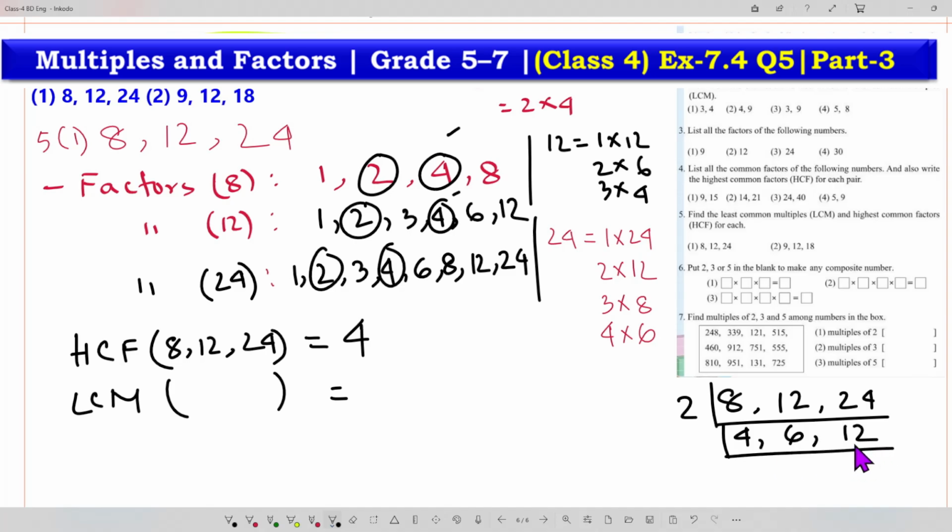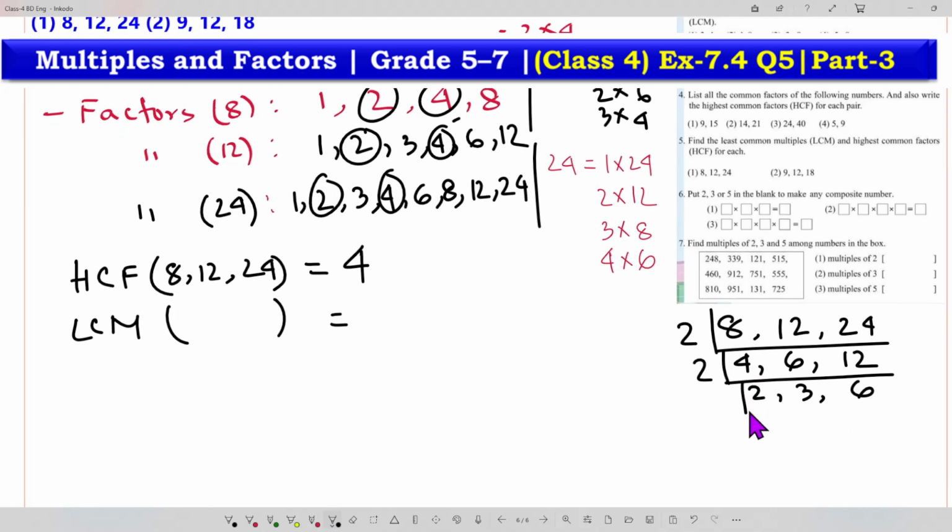Then again we can divide by 2. So here is 2, here is 3, and here is 6, right? Now we can divide by 2 again. So here is 1, here is 3, and here is 3. Is it okay?